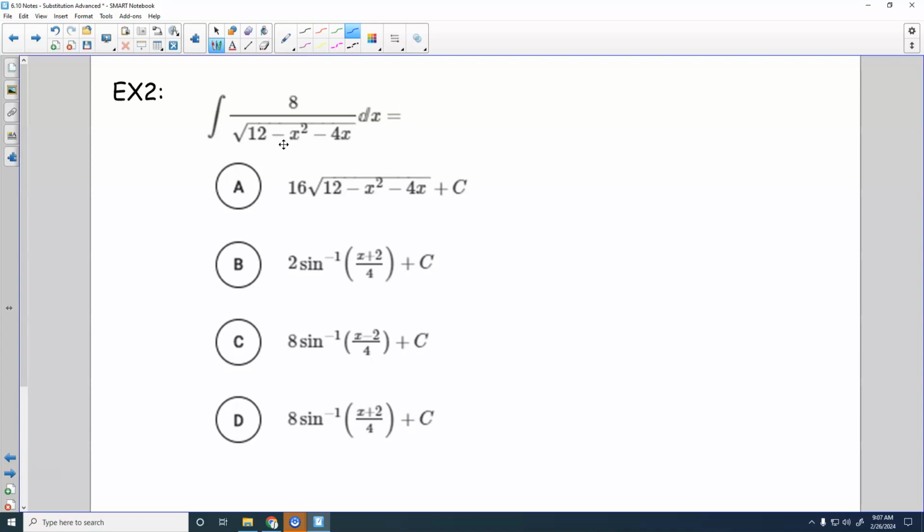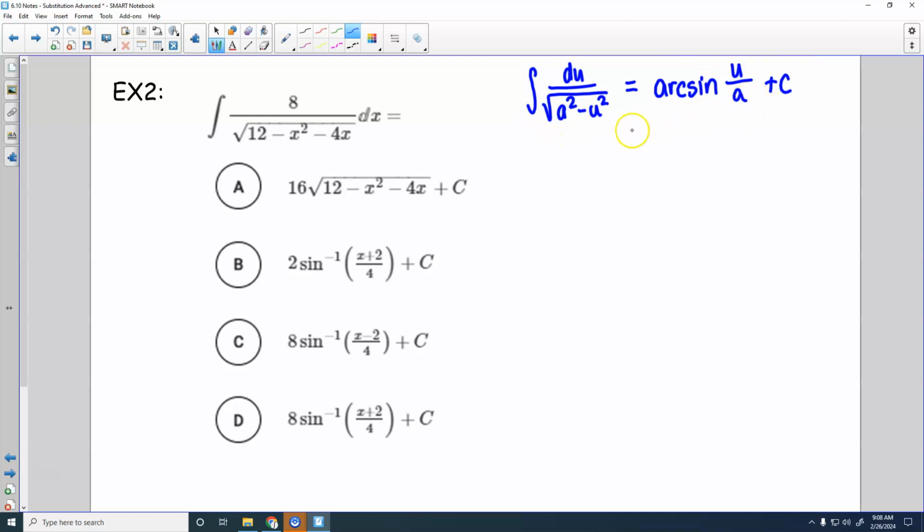So our answer choices give away that we're probably using this formula. The integral of du over the square root of a squared minus u squared equals arcsine of u over a, plus c. This, however, does not look like that yet.